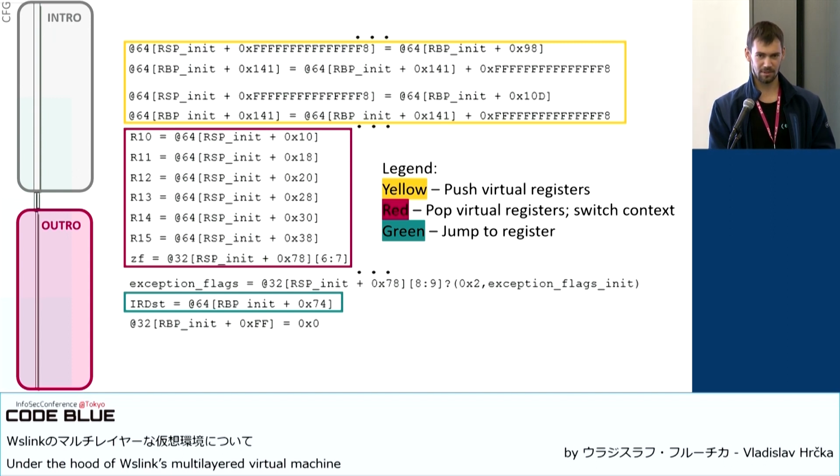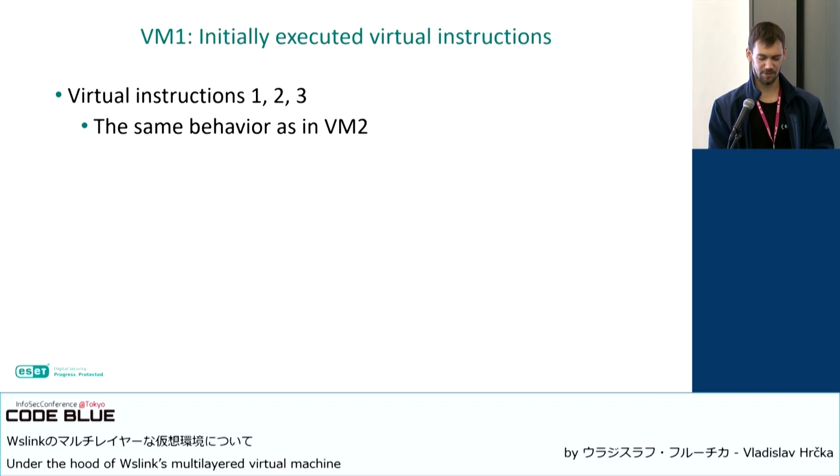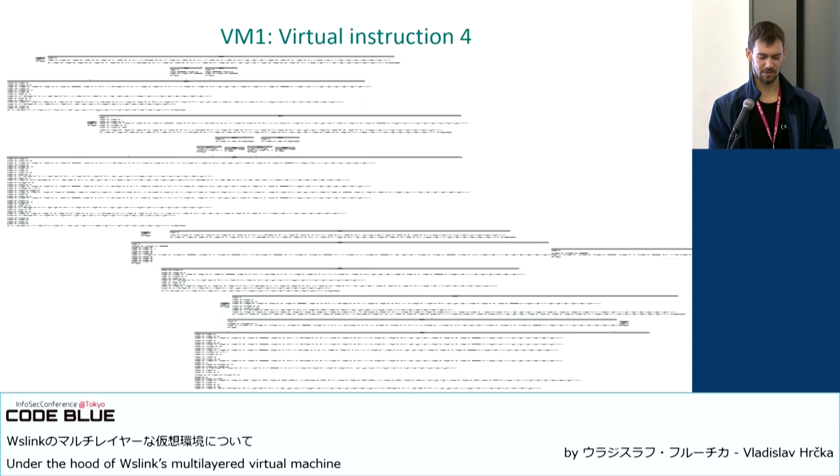Okay, now let's analyze the bytecode of the first VM. The first 3 instructions behave just like those in VM2, but the fourth one is again different. It contains lots of basic blocks. This is just a small part of it.